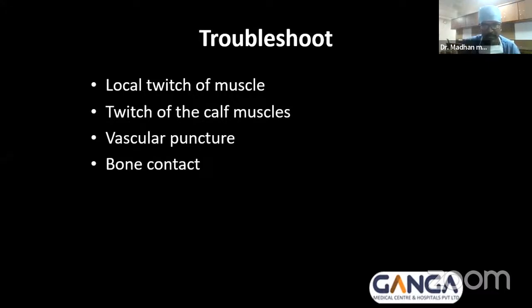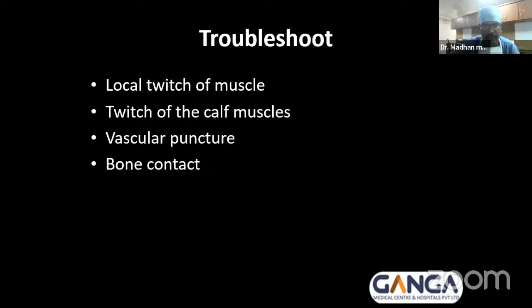Once you pierce the paraneural sheath, you will get a visual cue, a pop, and a fascial click also. Along with the peripheral nerve stimulator, at 0.2 to 0.5 you get the stimulation. The fascial click and the pop also help you to know where the needle tip is.